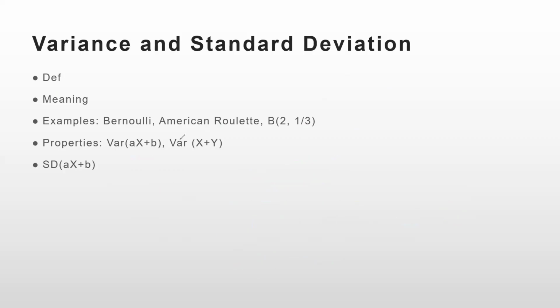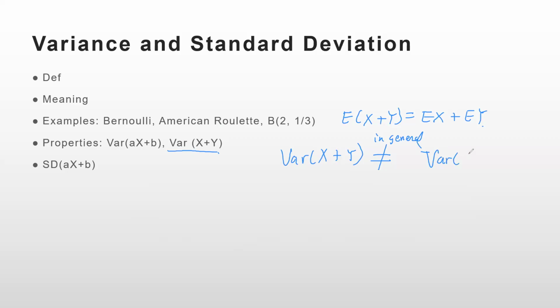Lastly, let's talk about this. We do have this property for expectation: you can always break it up. For variance, it may not be true. In general, the variance of a sum and the sum of the variances are not equal.